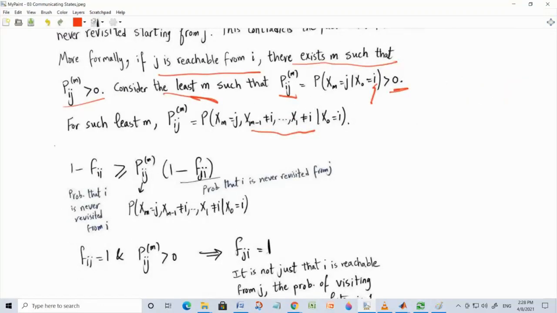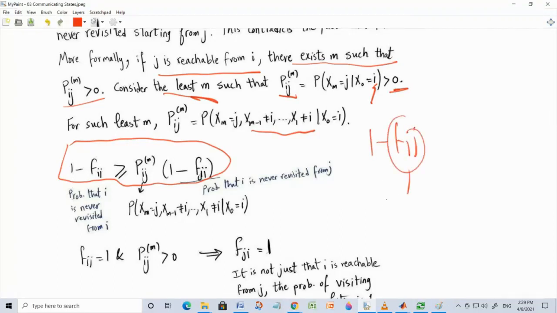And then there is this inequality, which is generally true. It tells you the following: 1 minus fii. What is 1 minus fii? fii is the summation of fii of m. It is the probability that sooner or later you will go from i to i. 1 minus fii is the probability that you start in i and never come back to i.